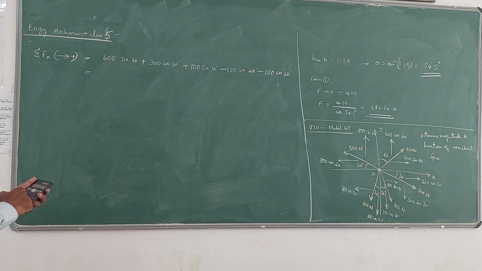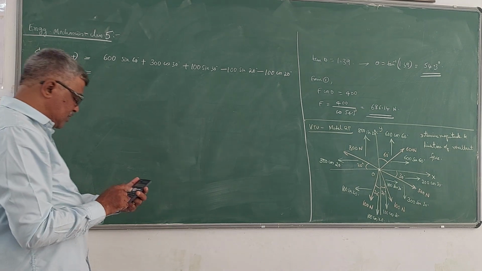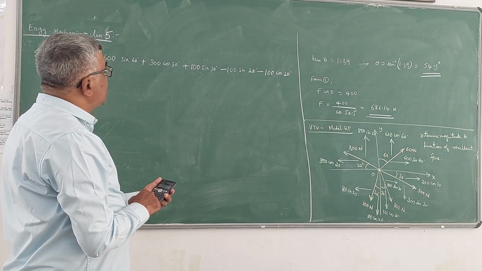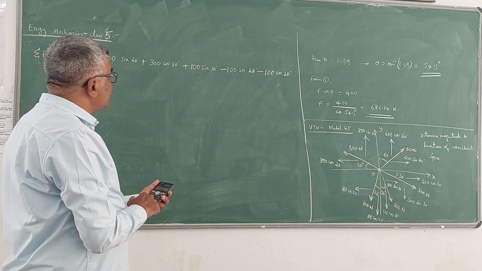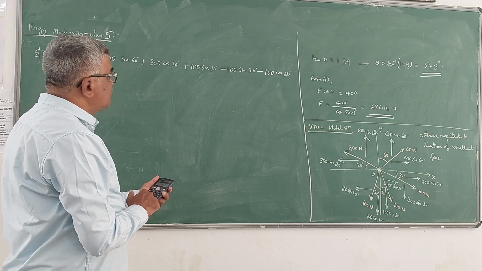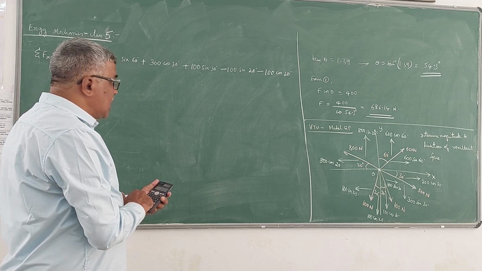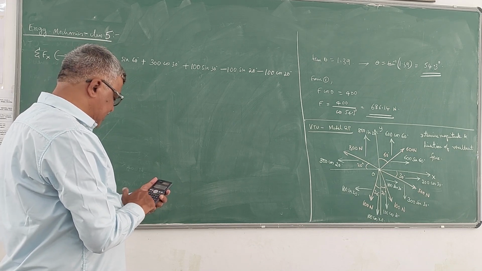600 into sin 60 plus 300 into cos 30 plus 100 into sin 30 is of course 50, minus 100 into sin 20, minus 100 into cos 20.